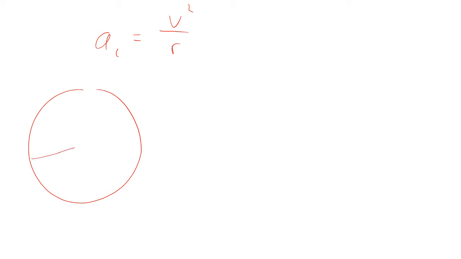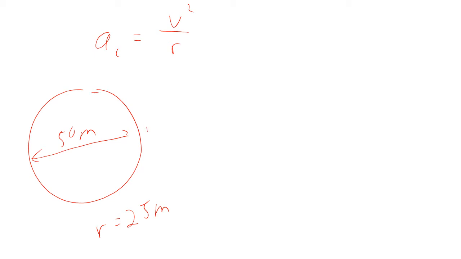Okay. So centripetal acceleration turns out to be v squared over r. Well, our space station right here is 50 meters in diameter, so r is 25 meters. Okay, so that gives us r. Now, what about v?